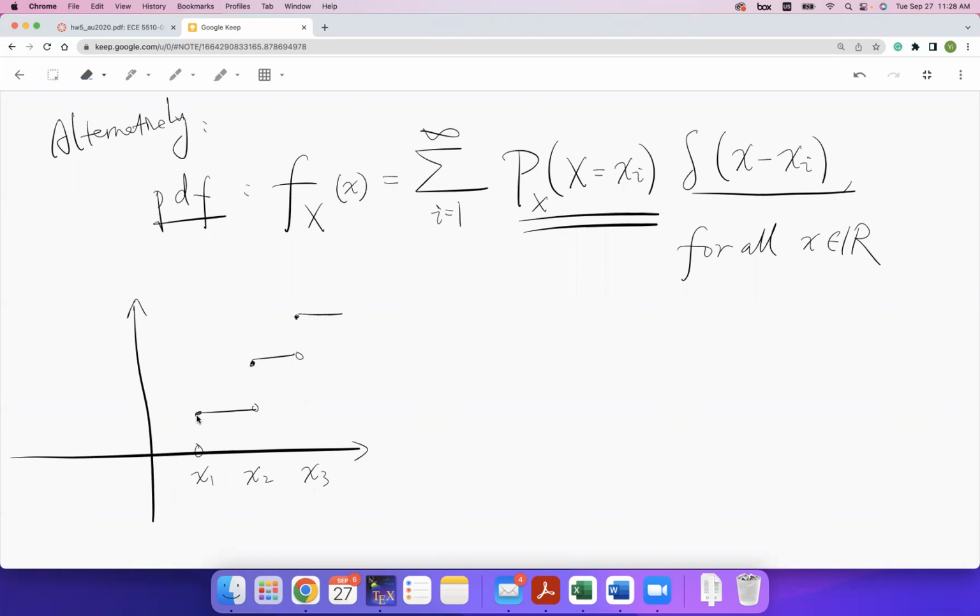And let's say these discontinuity points are x1, x2, and x3. And here the values, let's say this is 1/2, this is 3/4, and this is 1.